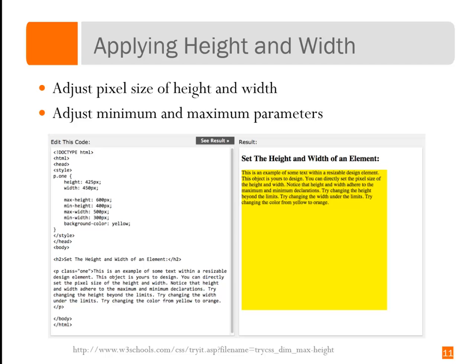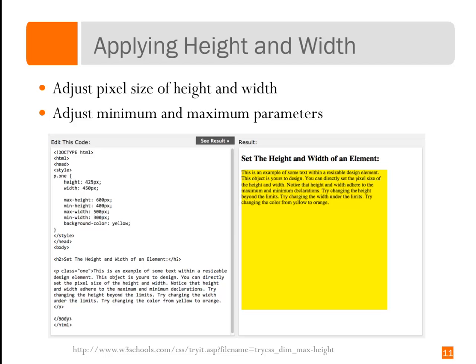And to do that, we're going to adjust the minimum and maximum parameters. So as an example, we might see here, we have a particular style. The height on this style is 425 pixels. The width is 450 pixels.